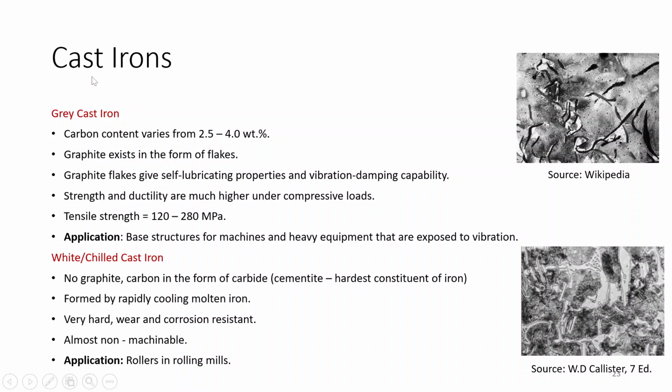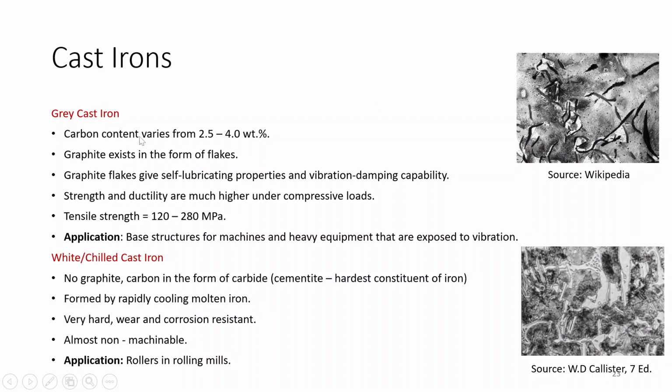Next is cast irons. In the case of cast iron, you have various types. First you have gray cast iron, and this is the structure of gray cast iron, where you have graphite flakes. These flakes have notches, so fractures are more likely to initiate from them. These act as stress concentration regions.